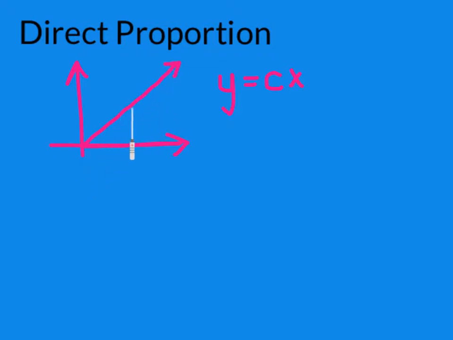The slope is not changing. It's not curving up, it's not curving down. There's no curve or change in the slope or steepness of that line. It's remaining the same throughout. So we have a constant relationship between the variables, and this is a direct proportion.